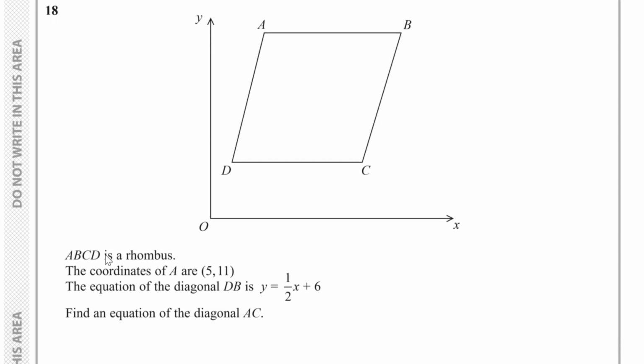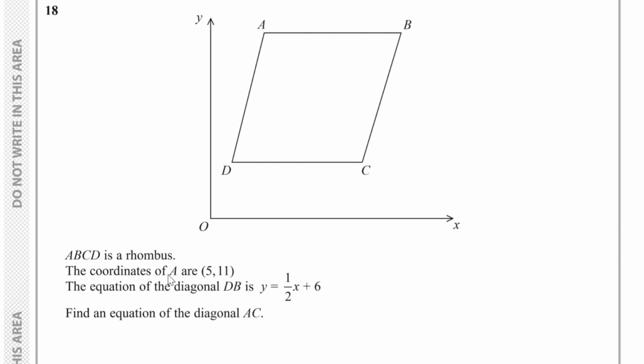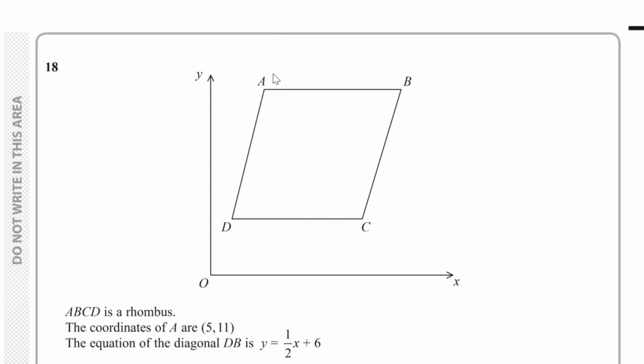Question 18. ABCD is a rhombus. The coordinates of A are (5, 11). So let's just add this to the diagram. We've got (5, 11) here. The equation of the diagonal DB is y equals 1/2 x plus 6.